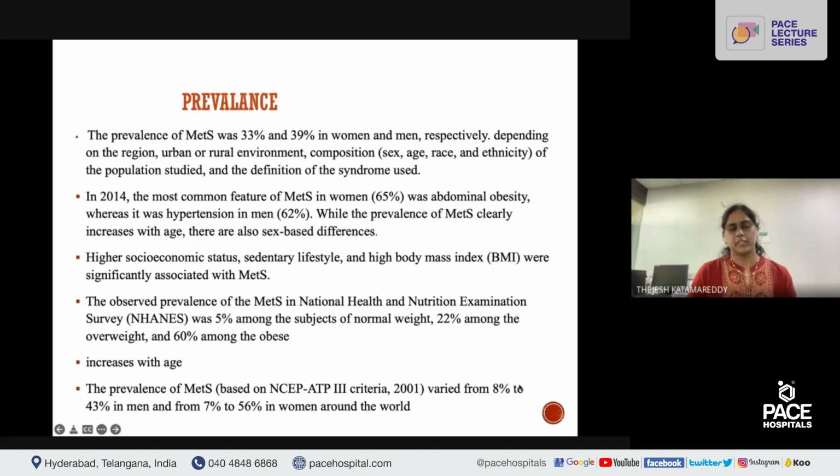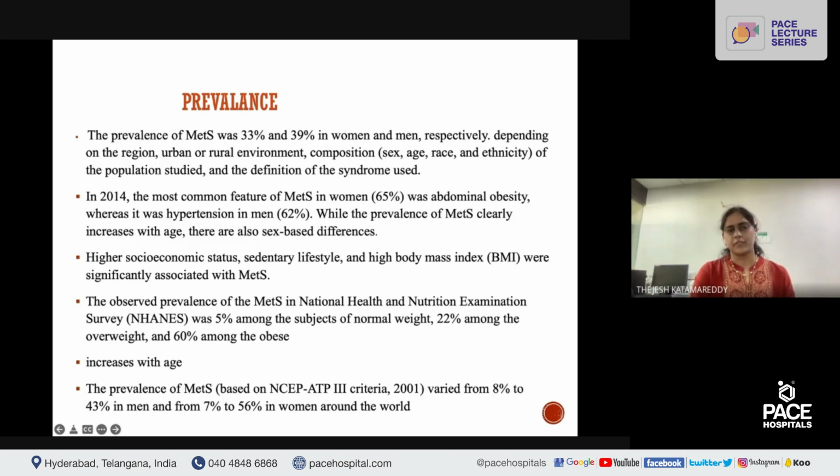A study in 2014 said that in women, abdominal obesity is the component which is more common, compared to men, who have hypertension as the main component in metabolic syndrome. So it clearly has sex-based differences, and the prevalence also increases with age.